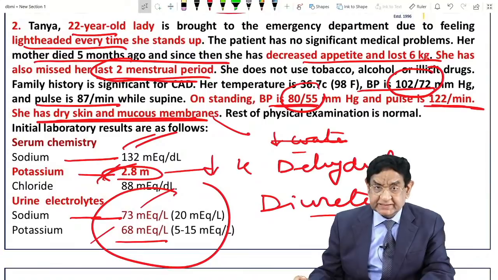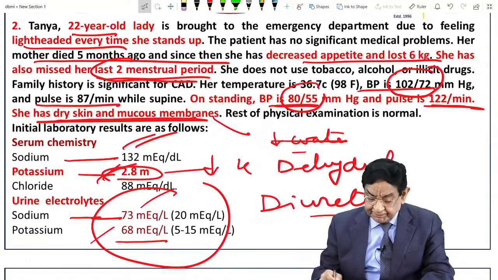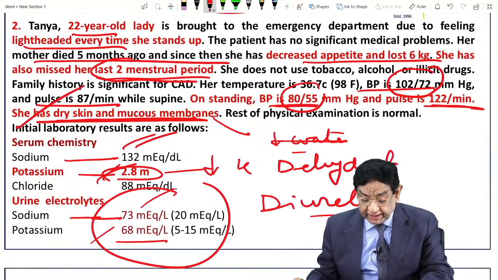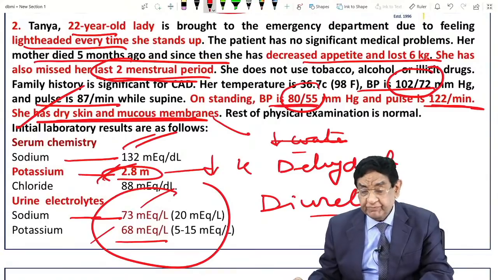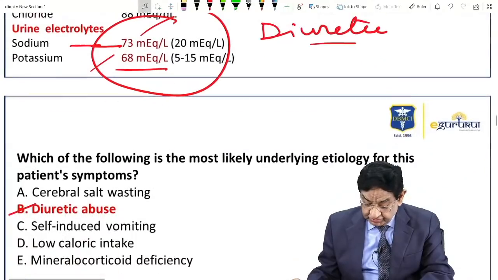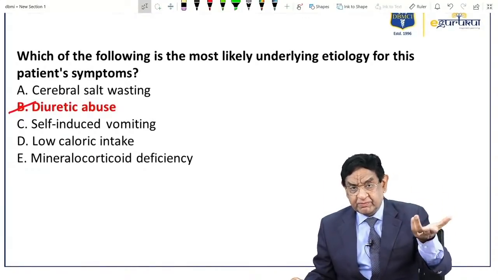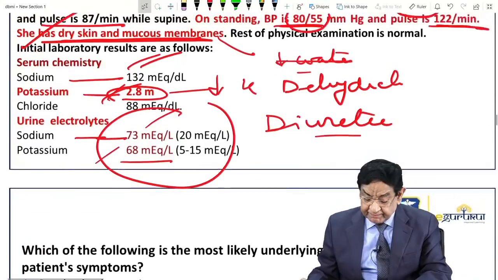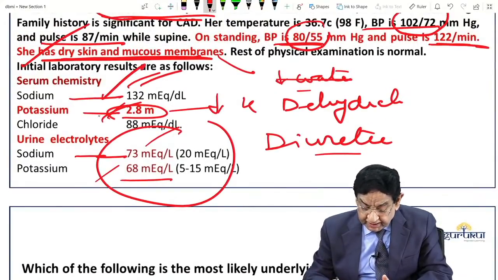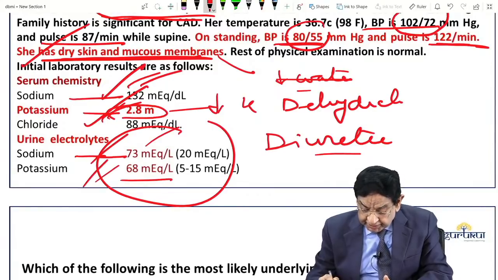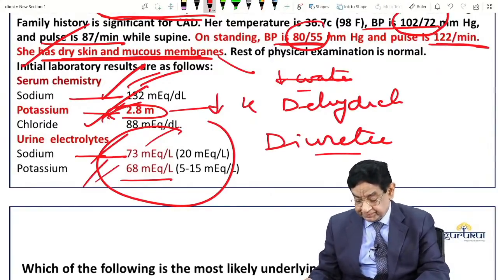Moreover, in pregnancy, postural hypotension or profound dehydration will not happen. But in diuretic use, maybe furosemide, all the findings what I mentioned, hyponatremia, hypokalemia, increased urine sodium and potassium, all will be there.